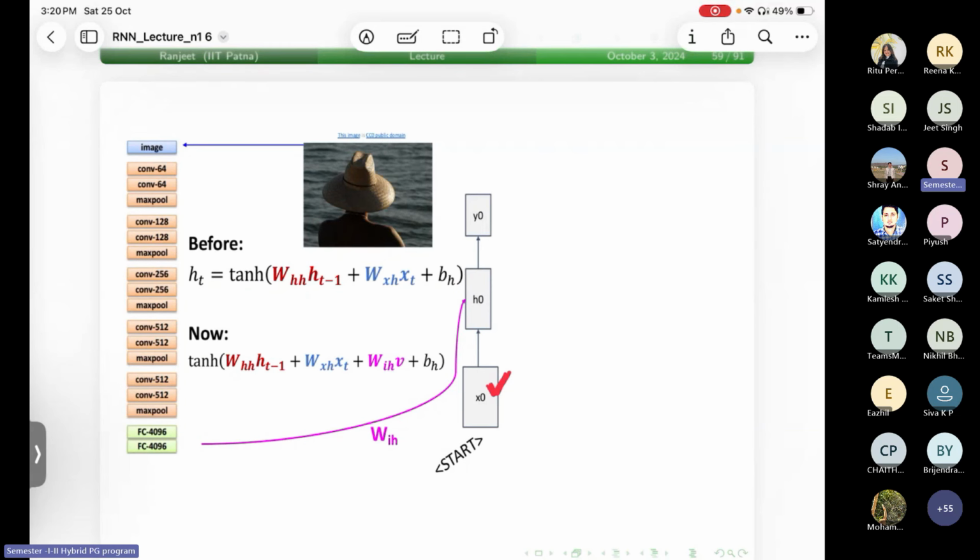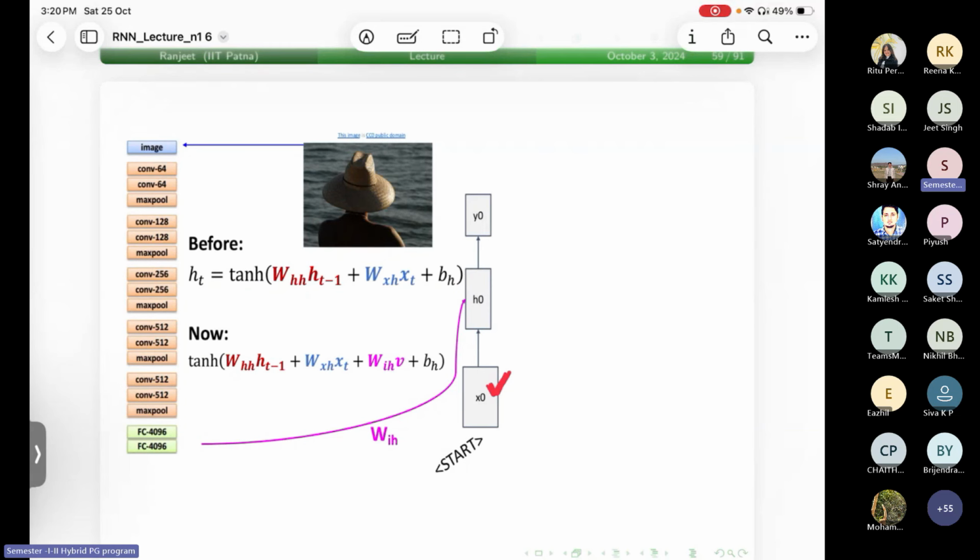This WIH is multiplied with the input vector, and that input vector is coming from here, and it has the features of this image. So in totality we are adding the feature of the image, the feature of the input, the feature of the past state, adding the bias, and then applying the nonlinearity function and getting the new state.